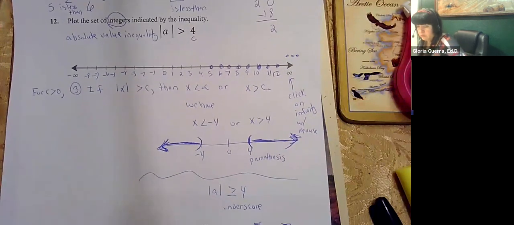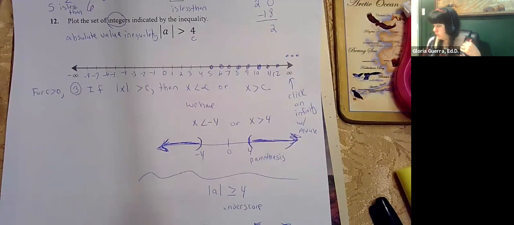All right. Greater than 4 is like starting with 5. You want just the integers.